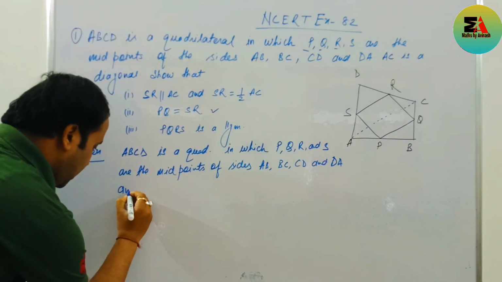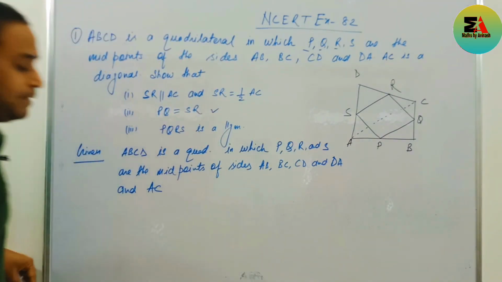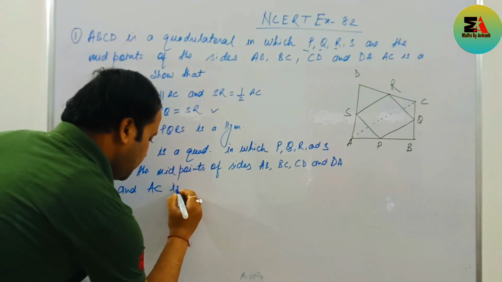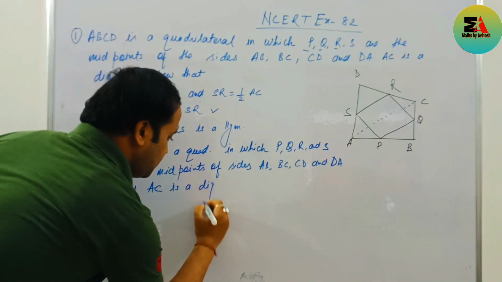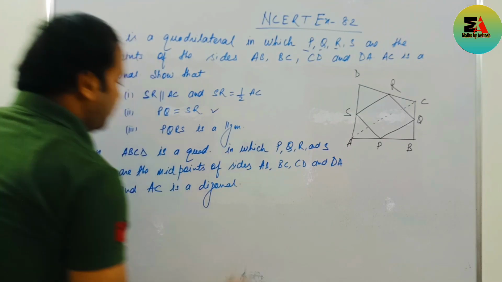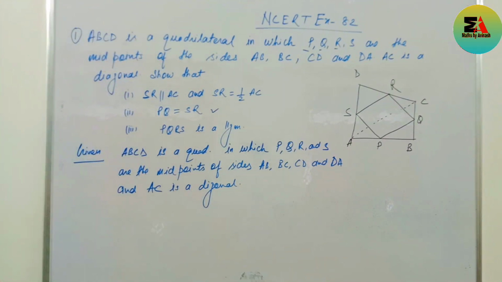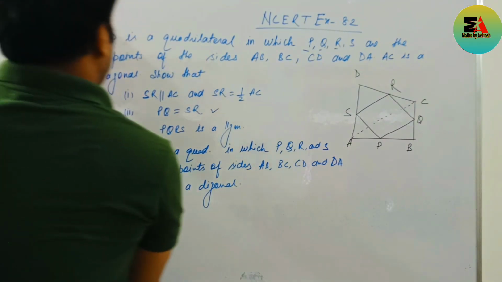And AC is our diagonal. Then you have to start the proof.